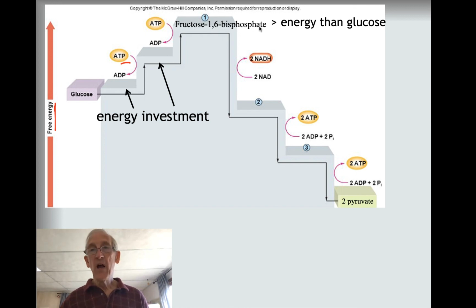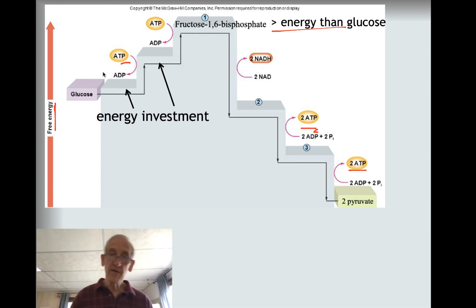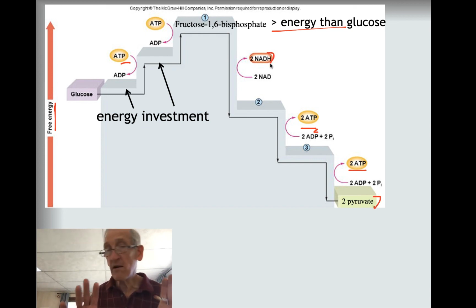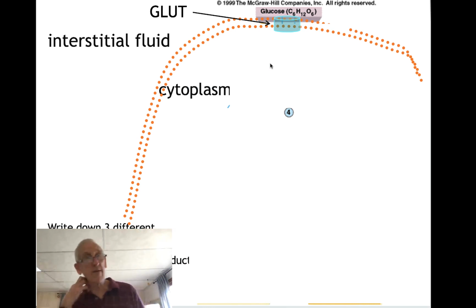And then finally, as you can see, greater energy than glucose. And now we're going to break it down to the pyruvate, and we're going to harvest some of the energy. 4 ATP, but we've got to pay back the 2 we used. So the net gain is only 2 ATP. And more specifically, oh look, we ended up with pyruvate, we ended up with 2 NADH. So this is slow glycolysis.